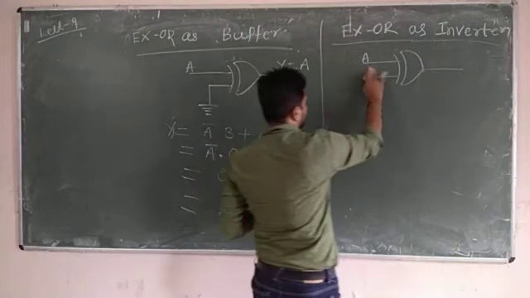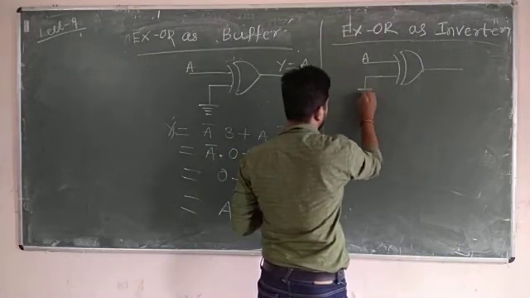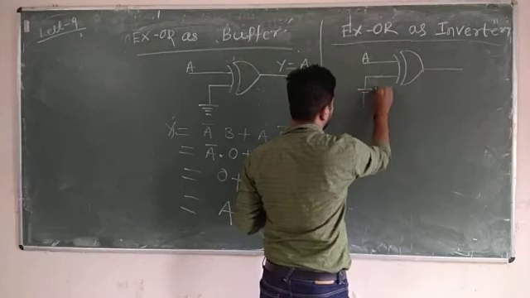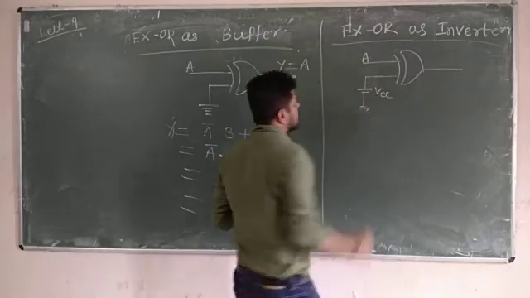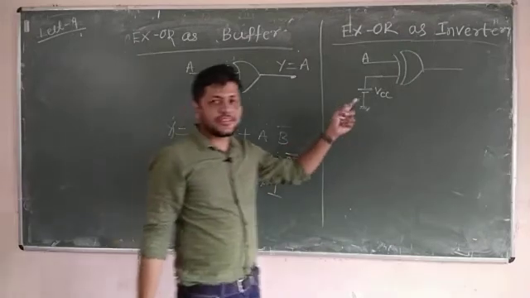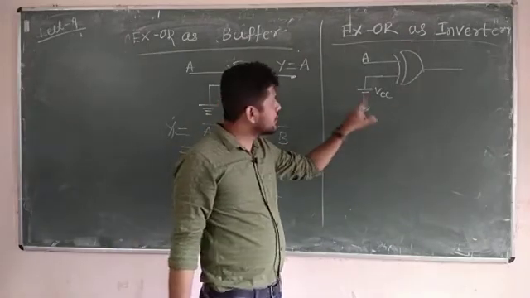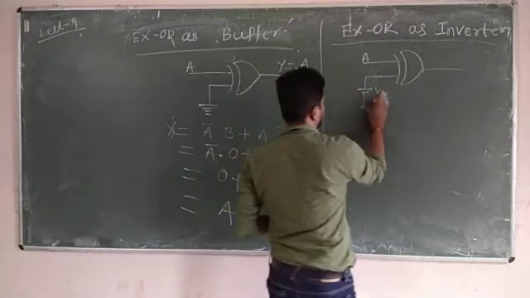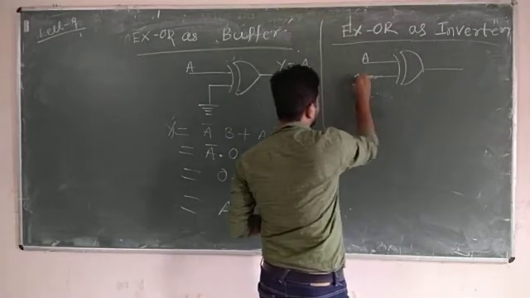Here 1 means you are applying some source, some DC potential, that is VCC. VCC means some potential, but in digital we treat it as 1, so I am directly drawing this as 1.